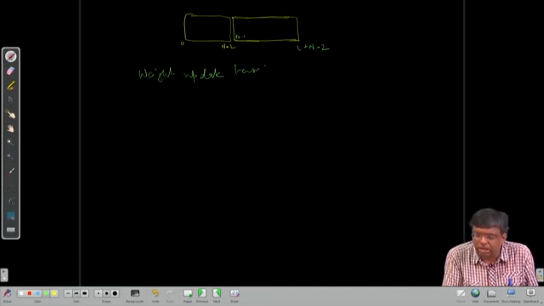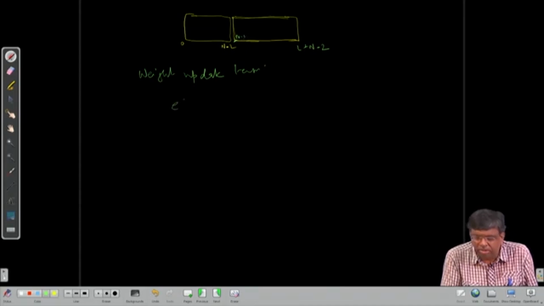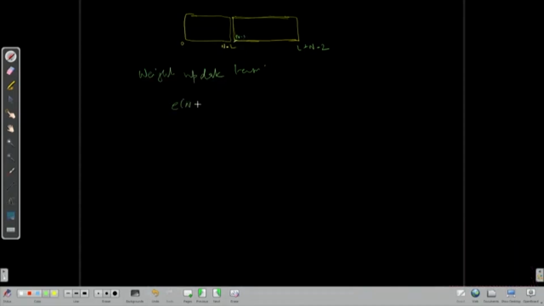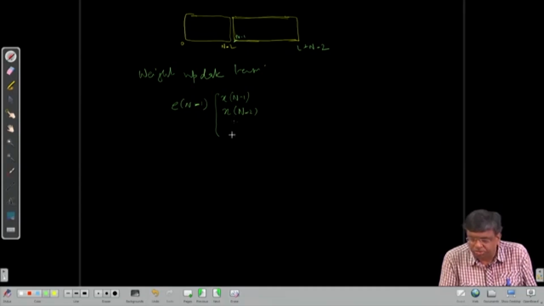We will first take the error at this point n minus 1, e n minus 1, into the data vector here. The data vector starts from x n minus 1 and another n minus 2 elements are here, x n minus 2, dot dot dot, up to x 0.